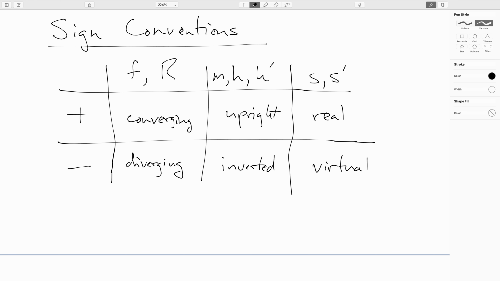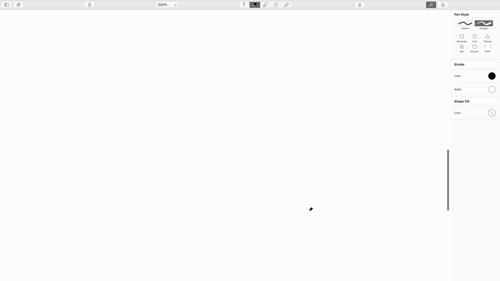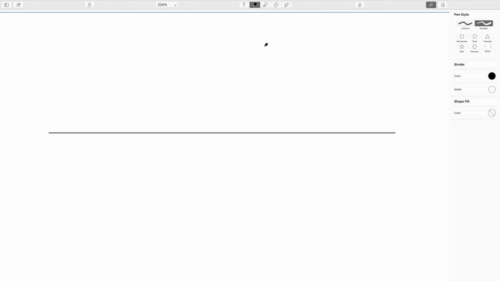All right. So let's go and try an example here. Let's say that we have some object located 15 centimeters in front of a convex mirror. So since it's a convex mirror, it's going to have a negative focal length by definition. So let's say it's negative 25 centimeters. So when we're drawing the ray diagram, we'll locate the focal point and we will locate the center of curvature, which will be twice as far away.